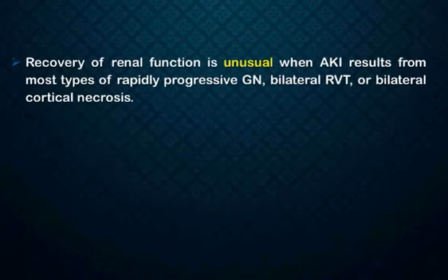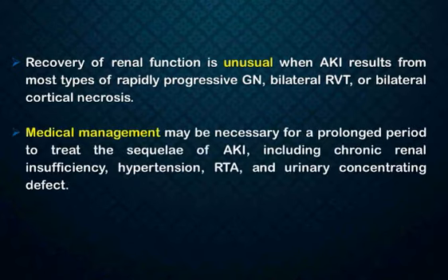All these have a good prognosis for recovery. While recovery of renal function is unusual, we don't expect recovery when the AKI results from most types of rapidly progressive glomerulonephritis, or bilateral cortical necrosis, or bilateral renal vein thrombosis. Bilateral, so affecting the kidneys bilaterally.